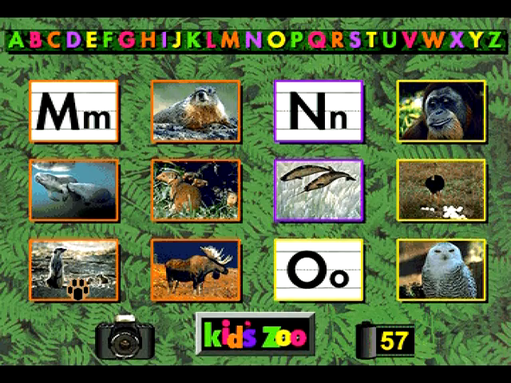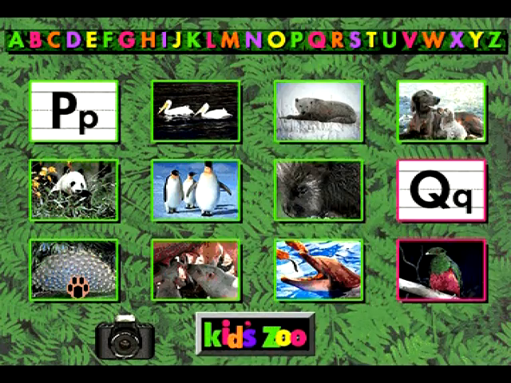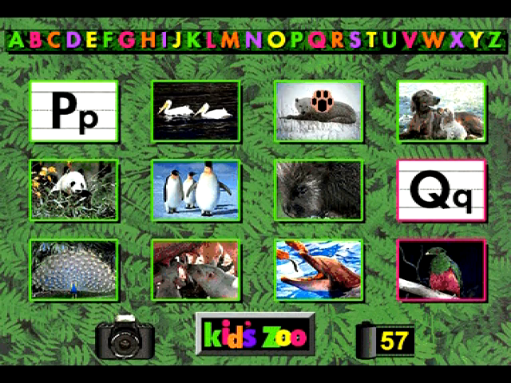You're right. You're doing great. Click on the furry bear that lives around the North Pole. Polar bear. You're right. Click on the waddling bird that looks like it's wearing a tuxedo.